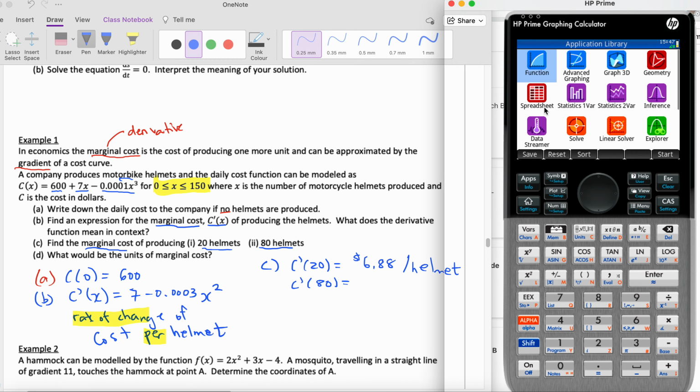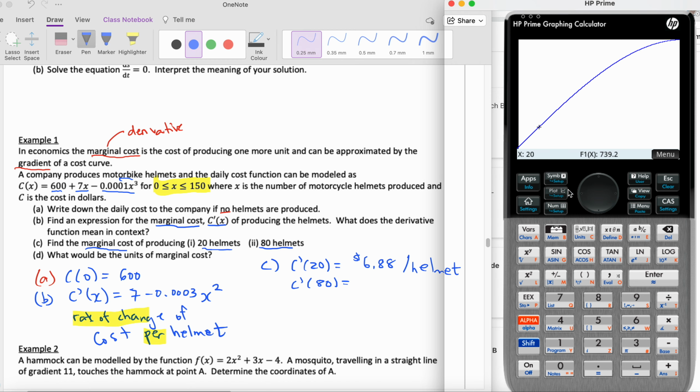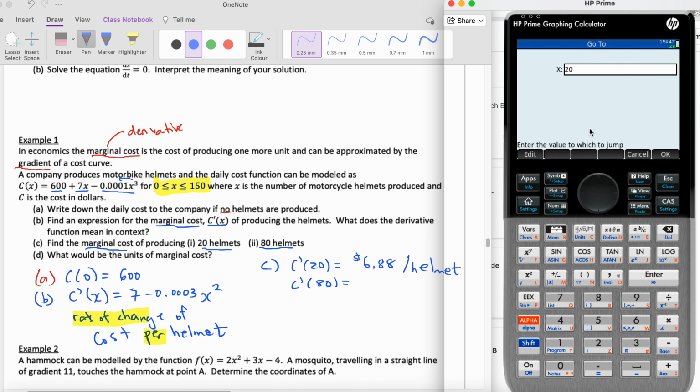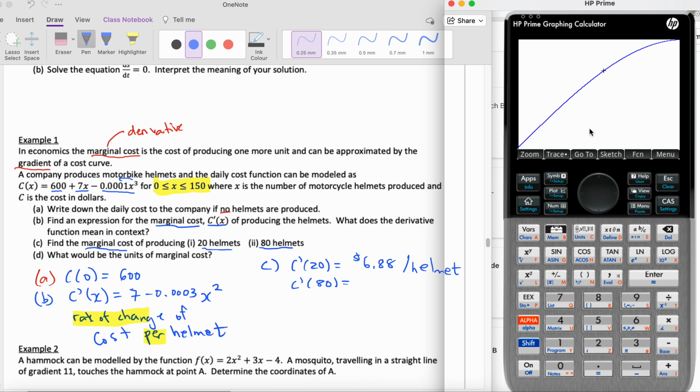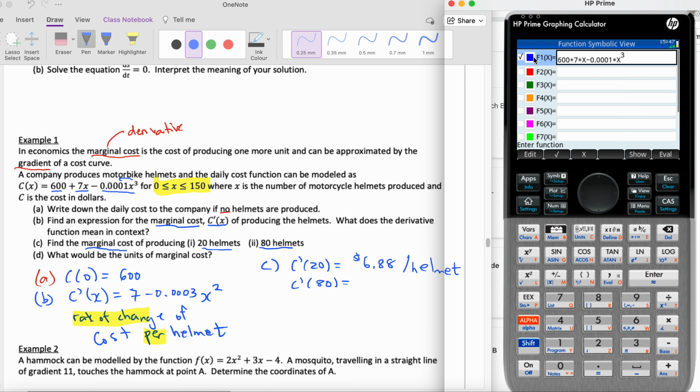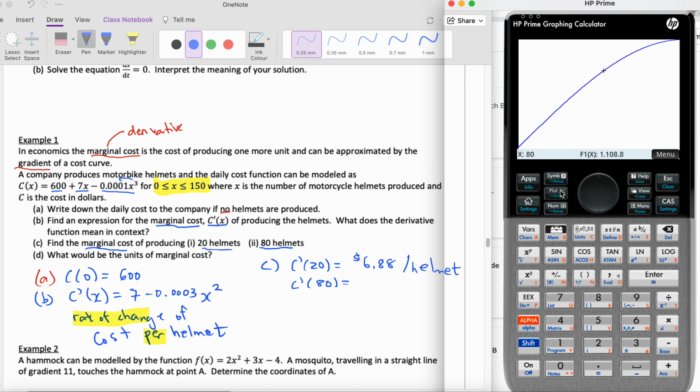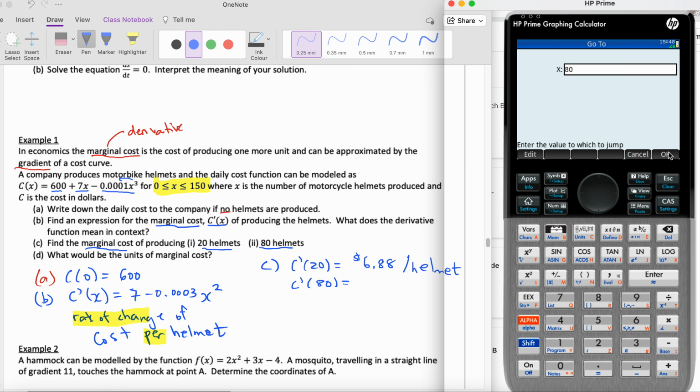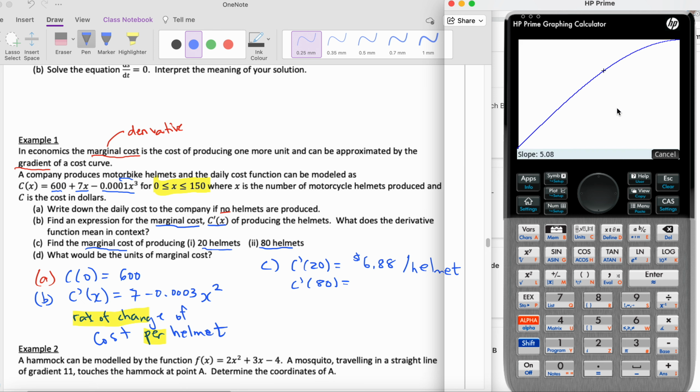Then I'm going to do exactly the same thing. I'm going to go to 80, and then function, slope. Let me just check that my function is correct here. 7x. Good. Go to 80, function, and then the slope is 508.